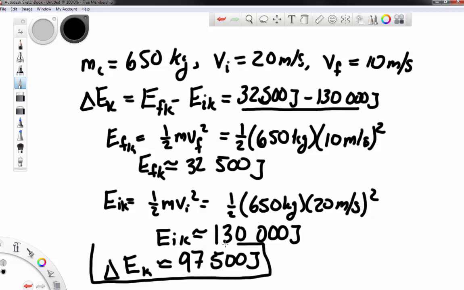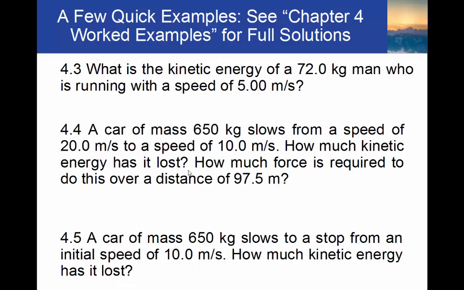Remember though that there's actually a second part of the problem. Specifically, we wanted to know how much force is required to slow this car down over a distance of 97.5 meters. So we're assuming, of course, that the force is constant.